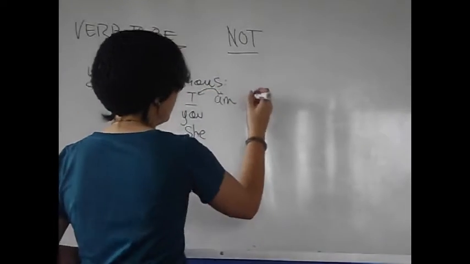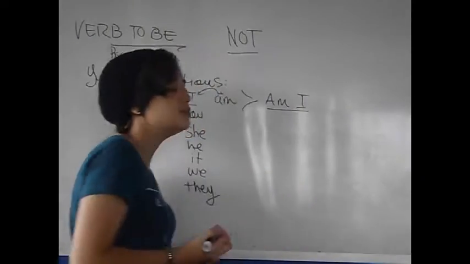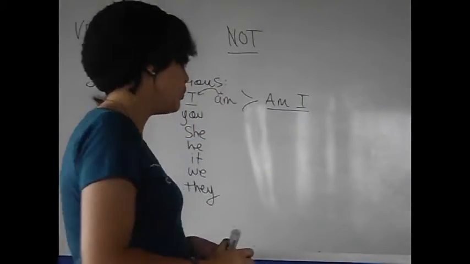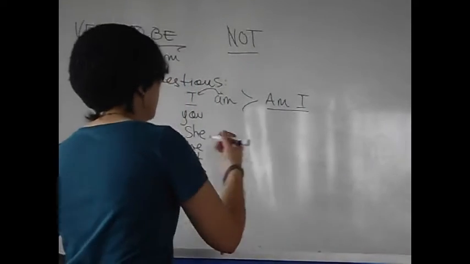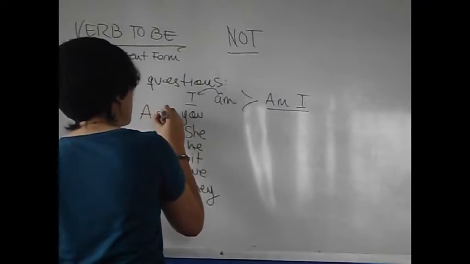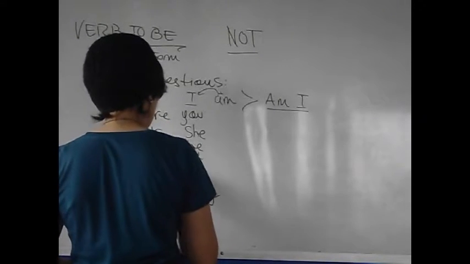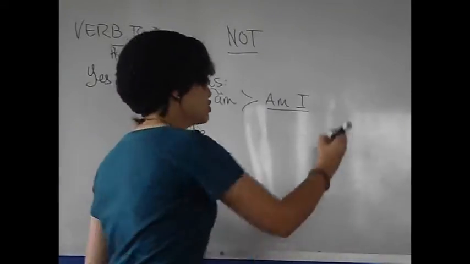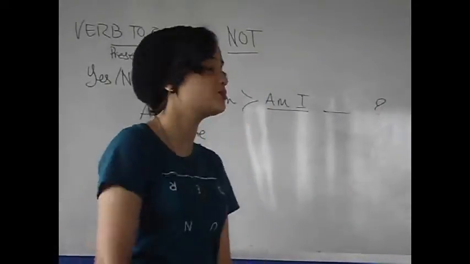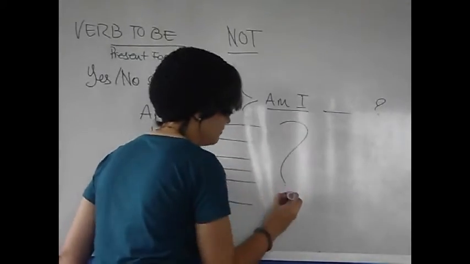Having as a result, am I. This is the principal form for the questions, both yes/no questions and WH questions. So, there you are. You just add its conjugation at the beginning, and you already have a question made. You just add the context and a beautiful question mark, which happens in all of them.